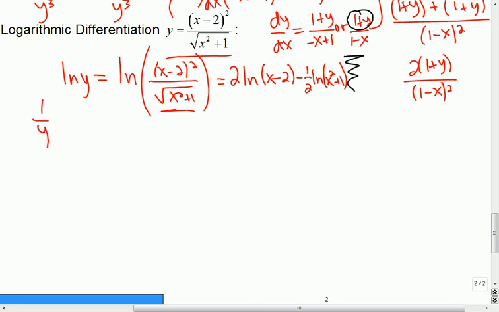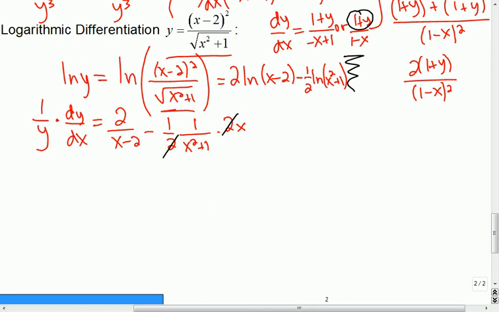So it'll be 1 over y, and I have to times it by the inside derivative, so that'll be dy by dx. Then what I have left over would be 2 over x minus 2, and this would be minus 1/2 times 1 over x squared plus 1 times 2x.